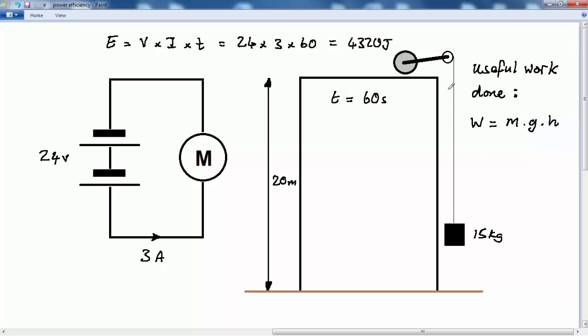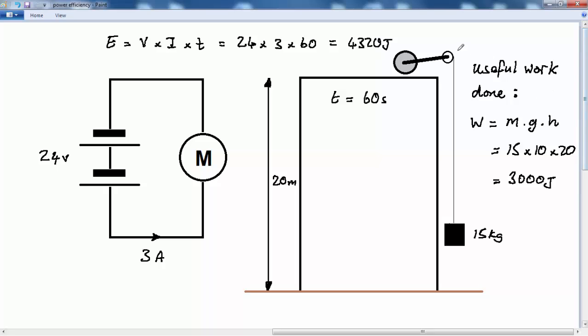That's the change in gravitational potential energy of that block, which is equal to 15 times 10 times 20, which is equal to 3,000 joules. Alright, so in 1 minute, the useful work done by the motor is 3,000 joules, but the energy supplied to the motor is 4,320 joules.